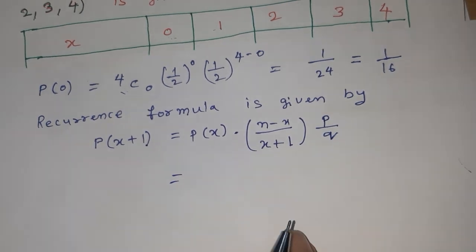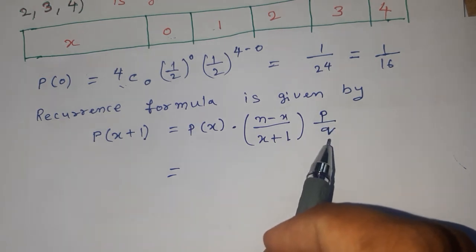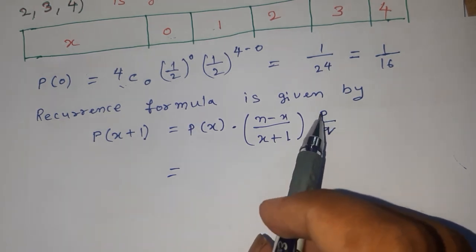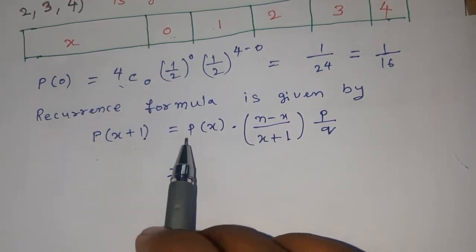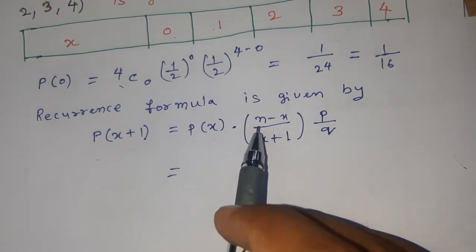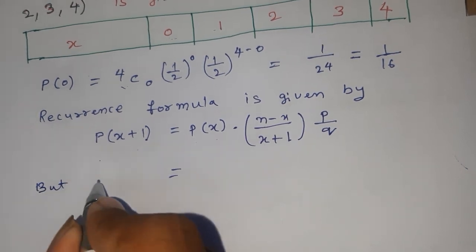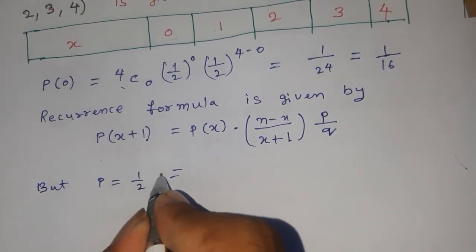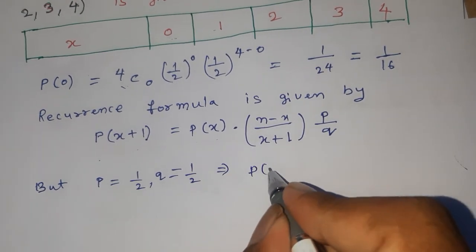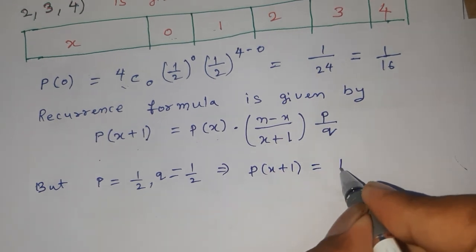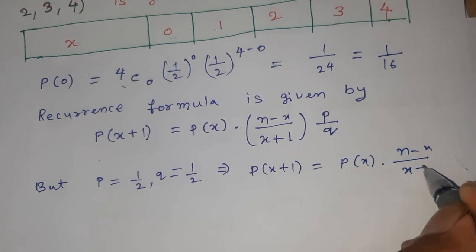But in this case p is 1 by 2, q is 1 by 2. Therefore 1 by 2 by 1 by 2 is 1. Therefore, since p is equal to 1 by 2 and q is equal to 1 by 2, the recurrence formula becomes P of x plus 1 is equal to P of x into n minus x by x plus 1.